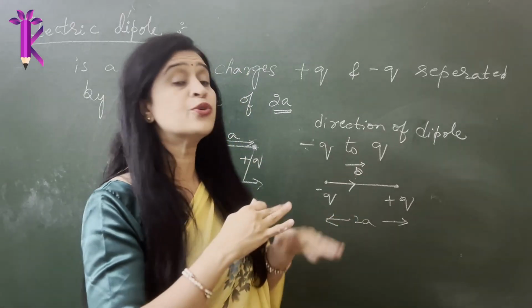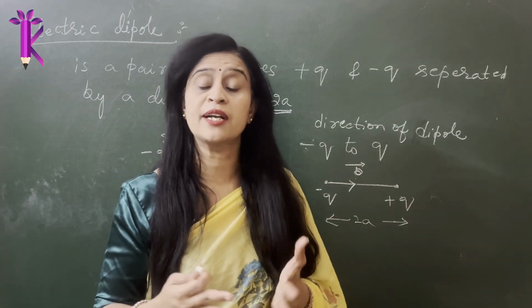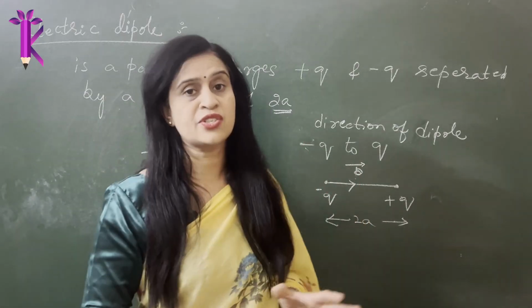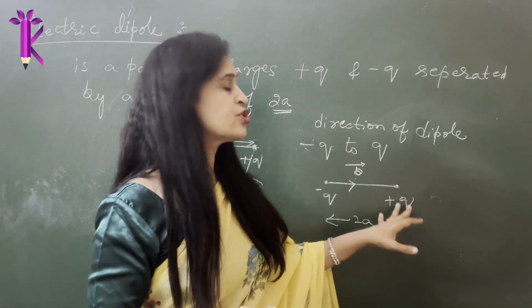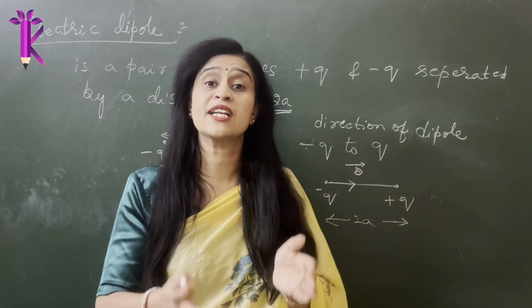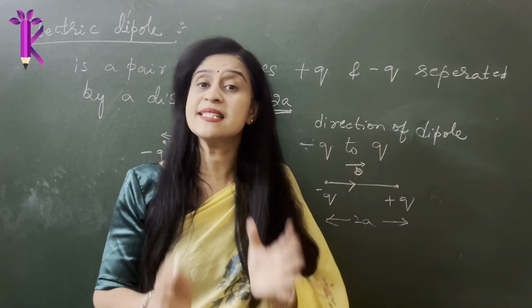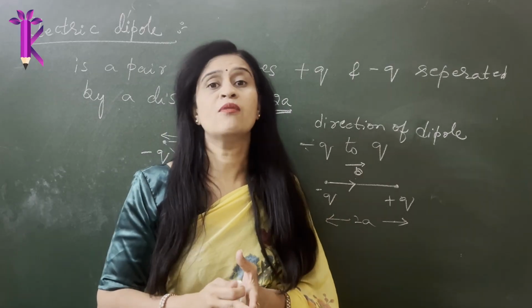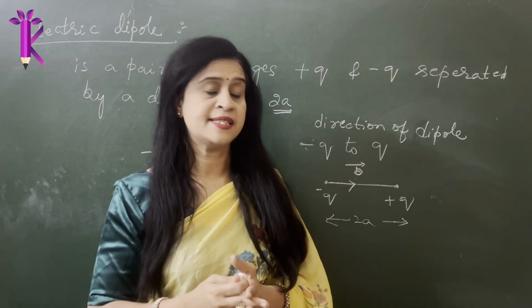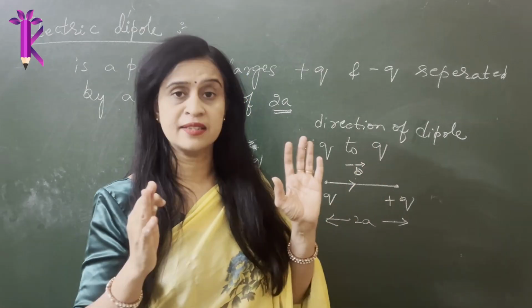So only in cases where the centers of the positive and negative charges coincide, and they act as one single system, will the dipole value be zero. Otherwise it will have a certain value.